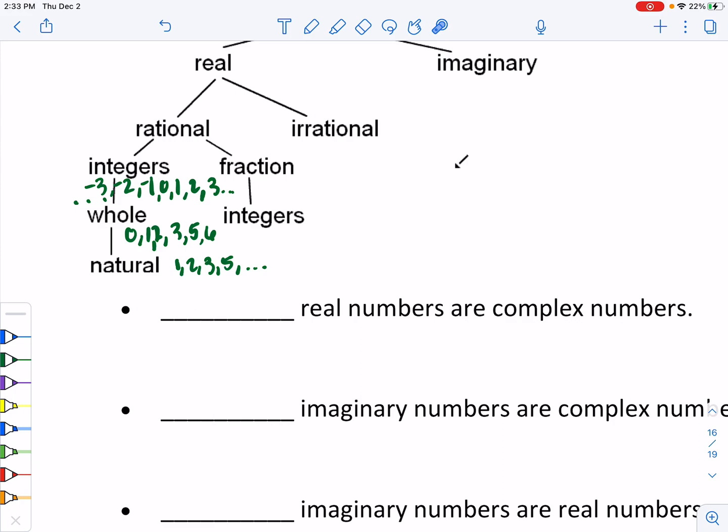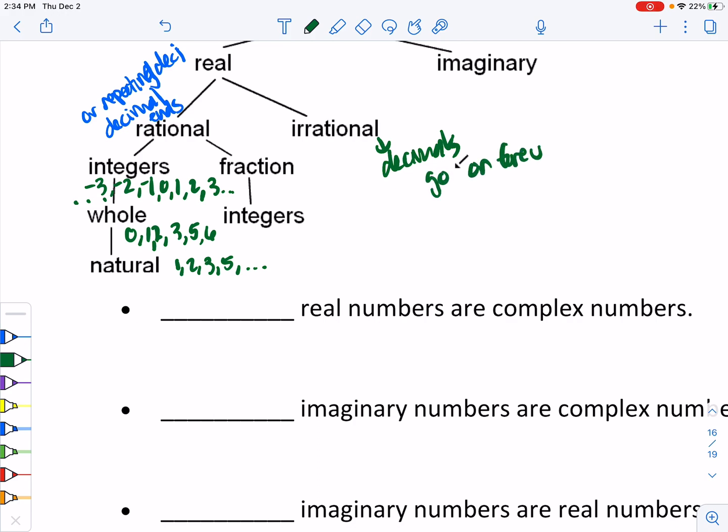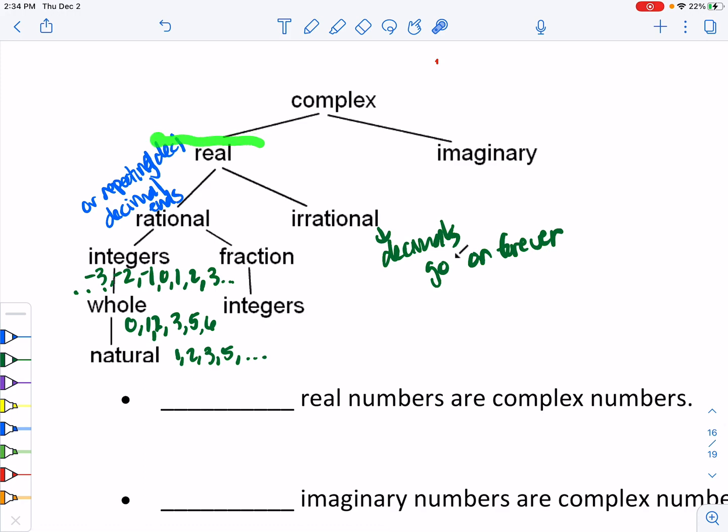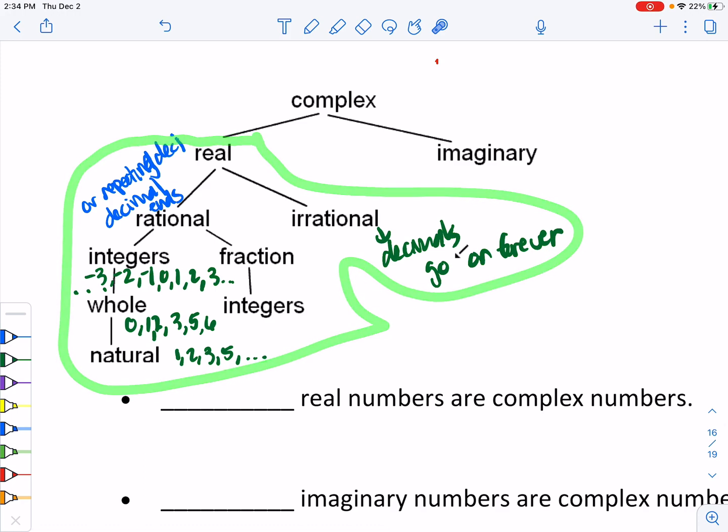Then you have your irrational numbers, and the irrational are decimals that go on forever. And then all of those numbers we call real numbers. All of those are encompassed in real numbers.